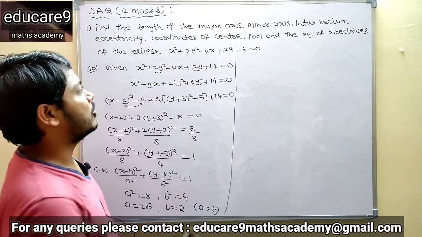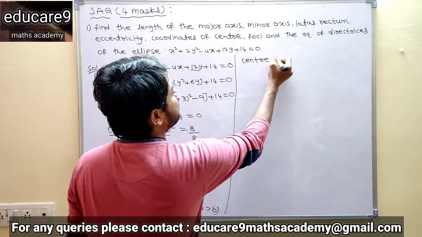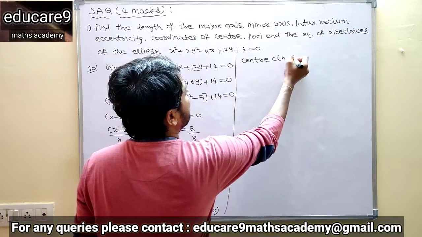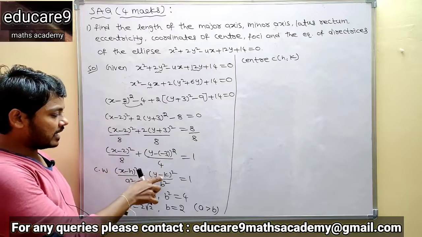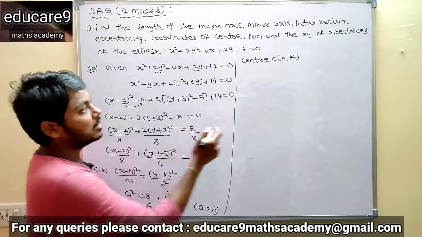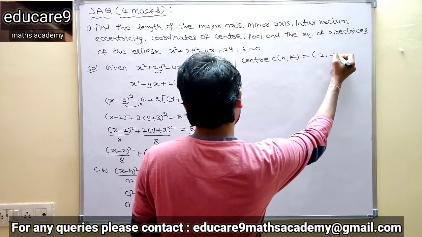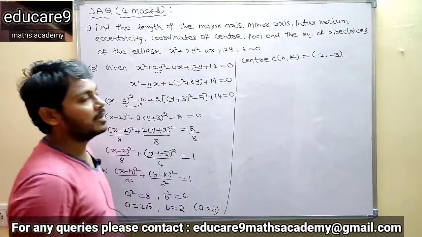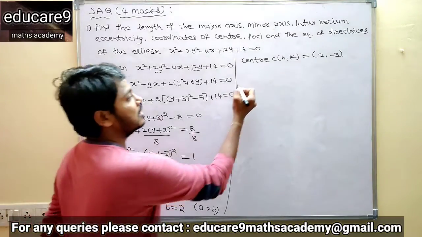So those are what? First, center. So what is the center of the ellipse? (h, k). So clearly h is equal to 2 and k is equal to minus 3. That is 2 comma minus 3. So next, length of major axis.